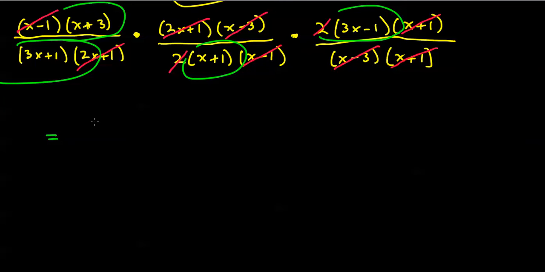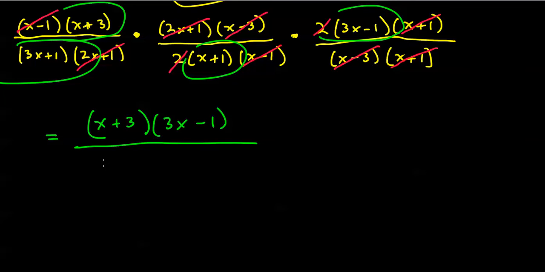So my final answer is going to be x plus 3 times 3x minus 1 divided by 3x plus 1 times x plus 1. Alright, and that's my completely simplified final answer.